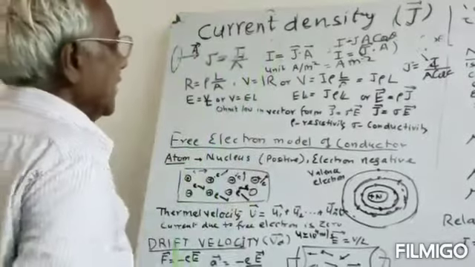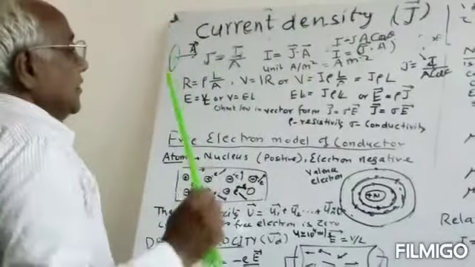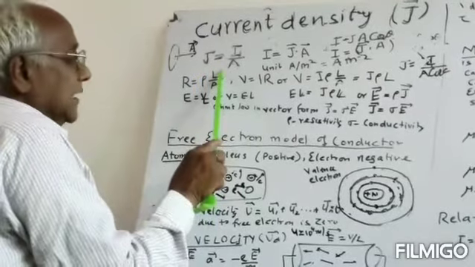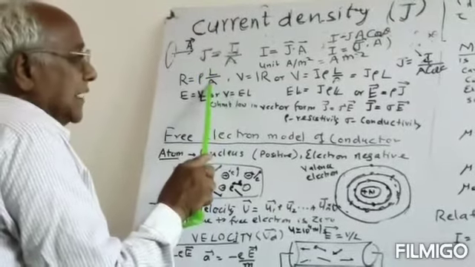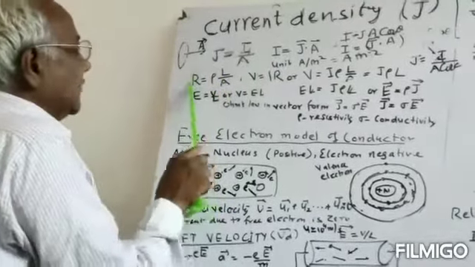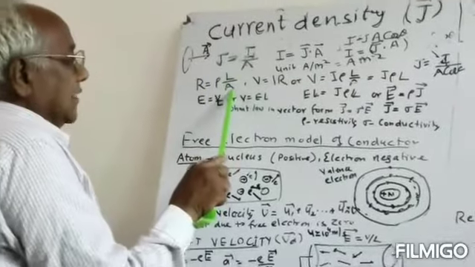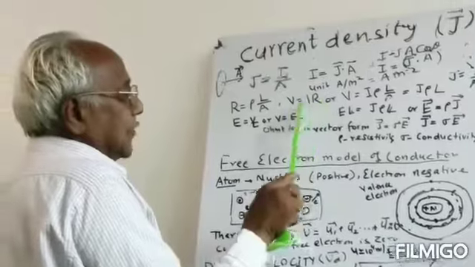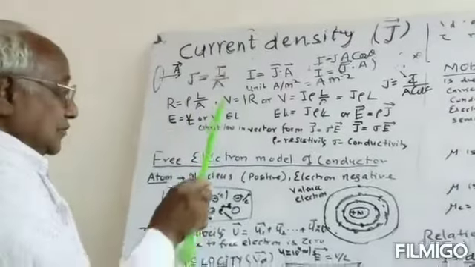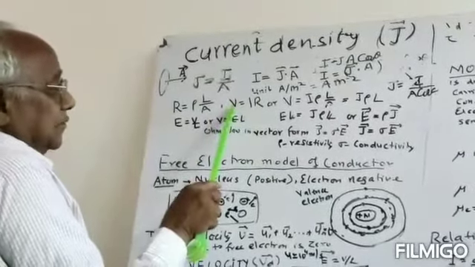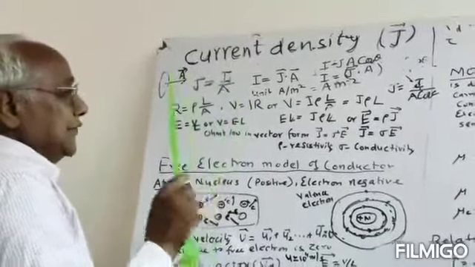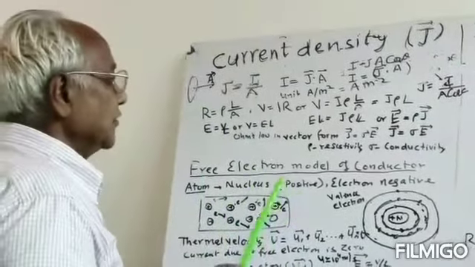This is the unit of current density. Now we know that the resistance is equal to rho L divided by A, where L is the length of the conductor, A is the area of cross section of the conductor, and rho is the resistivity. So R is equal to rho L by A. From Ohm's law, the current passing through the conductor is proportional to the potential difference across it if the physical conditions remain constant.